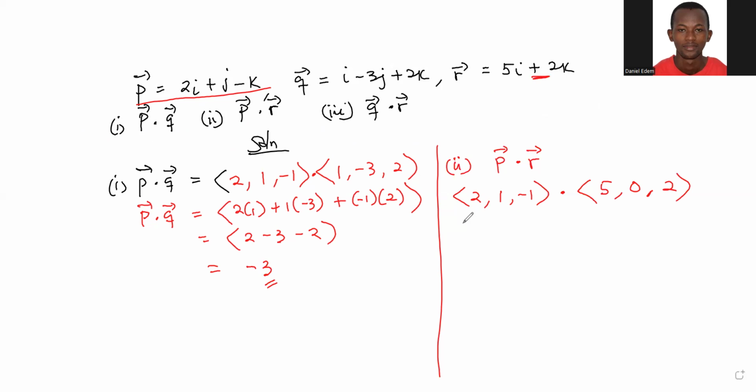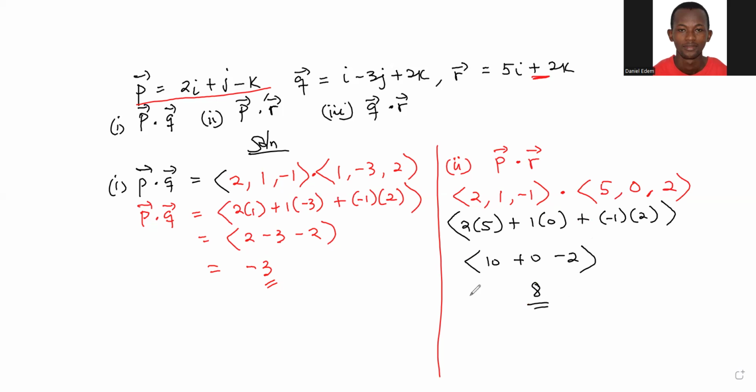So 2 times 5, this will multiply this, okay? Plus this will multiply this, 1 times 0, plus this will multiply this, negative 1 times 2. So this eventually will give you 10 plus 0 minus 2. And eventually this will give you 8 because 10 minus 2 is 8.